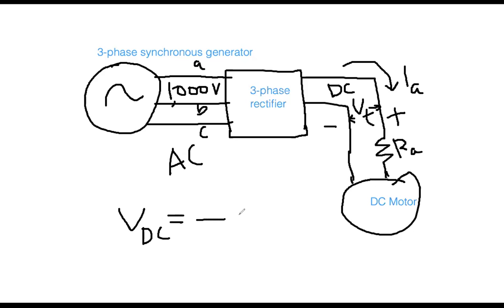Probably you remember that once I mentioned this one in the induction motor chapter. VDC equals 3 Vm over pi, and then cosine of alpha. This alpha is called the firing angle.